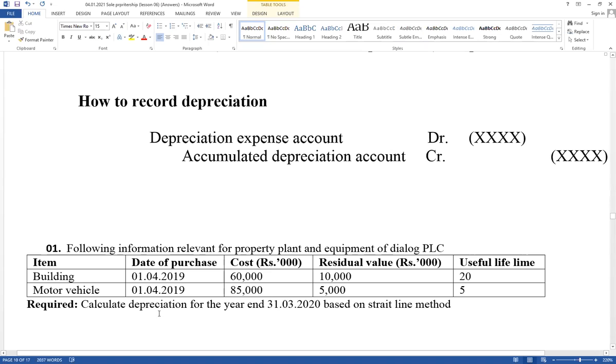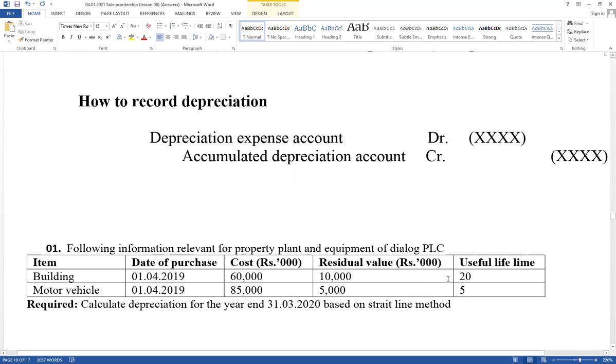Now try to recognize how to calculate depreciation on straight line basis. Think about the given building and motor vehicle. It has given the date of purchase, the beginning of the year. Cost value, residual value, and useful lifetime are given. Therefore, you have to decide which equation should be applied.